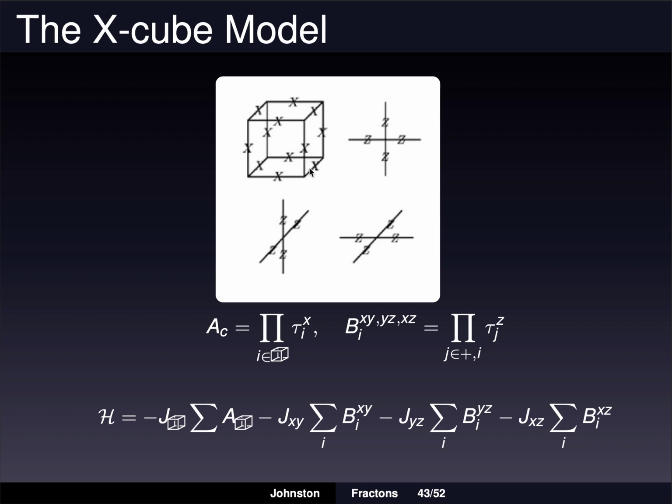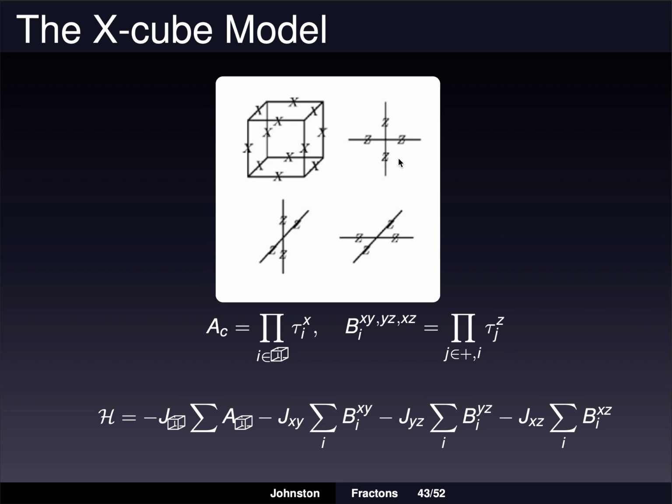Instead of taking products of spins around a plaquette, you take products of spins around a cube. And instead of taking a cross operator in 2 dimensions, you take 3 possible cross operators around a vertex in 3 dimensions.